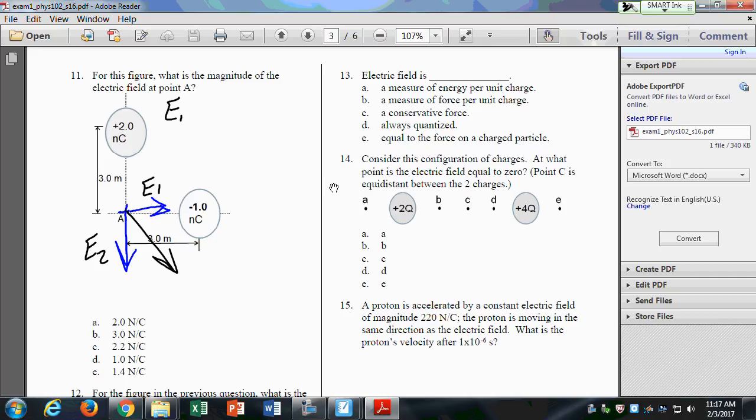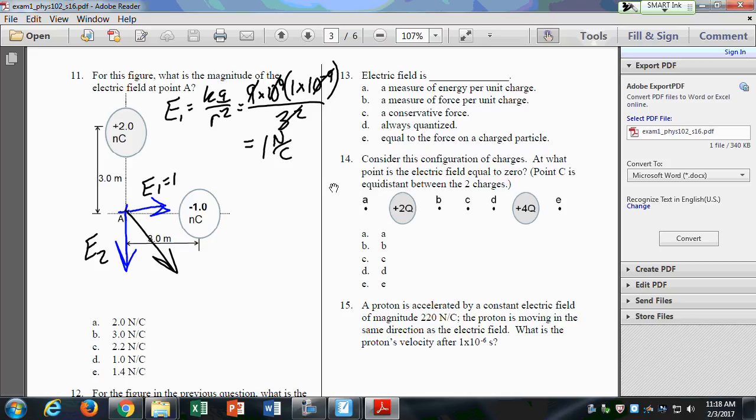Let me first calculate what E1 should be. It's going to be kQ over r squared: 9 times 10 to the 9th, Q is 1 times 10 to the minus 9, divided by the distance, which is 3 meters, squared. That cancels with that, and I'm left with 1 newton per coulomb.